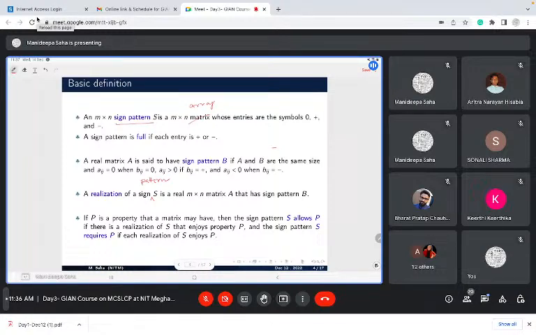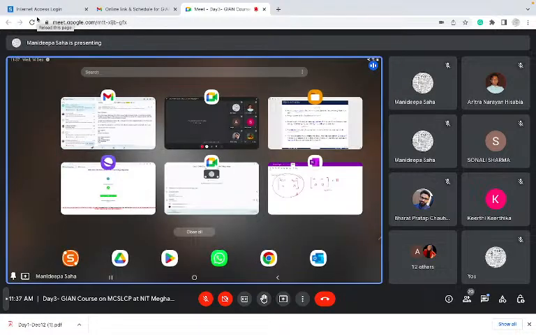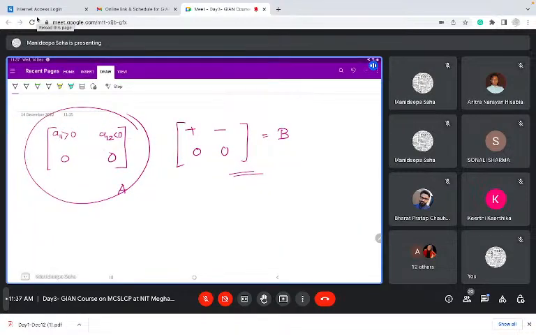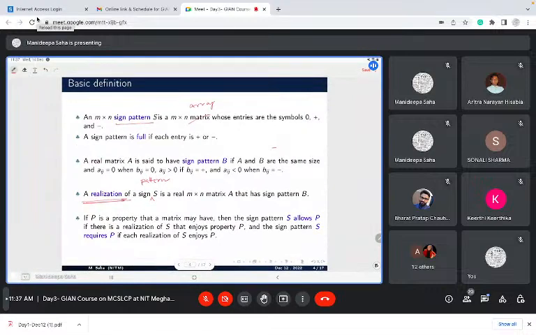So a realization means a real matrix which has the sign pattern B. This A tilde is a realization of the sign pattern matrix B. So the realizations are all the matrices which have the sign pattern B.